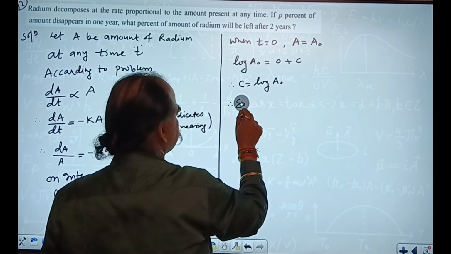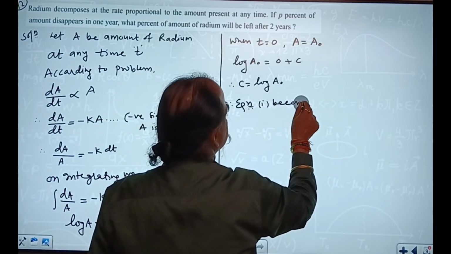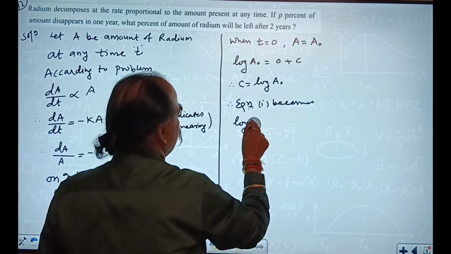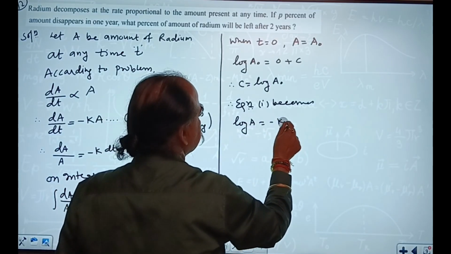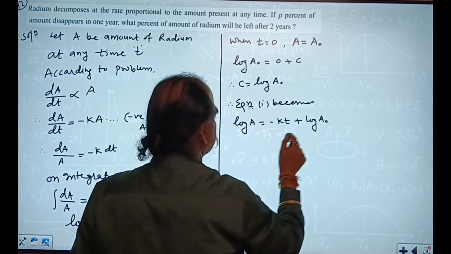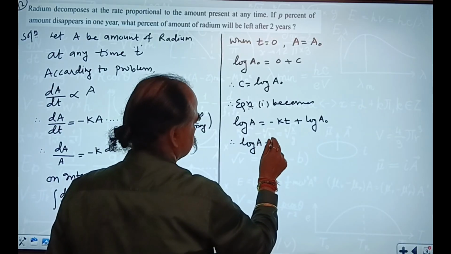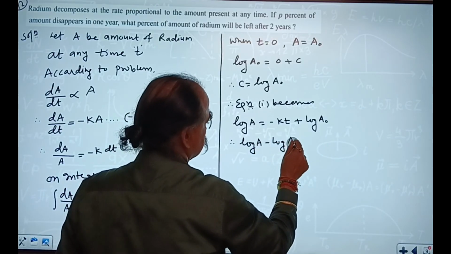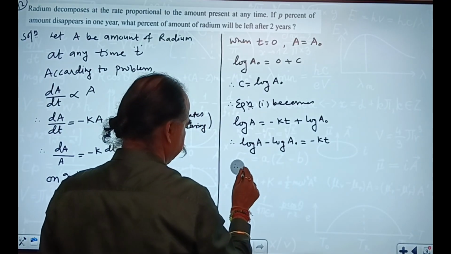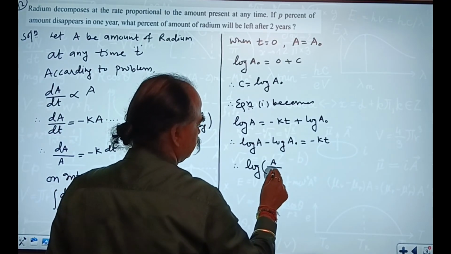Therefore, equation 1 becomes log A is equal to minus kt plus log A0. Log A upon A0 is what?